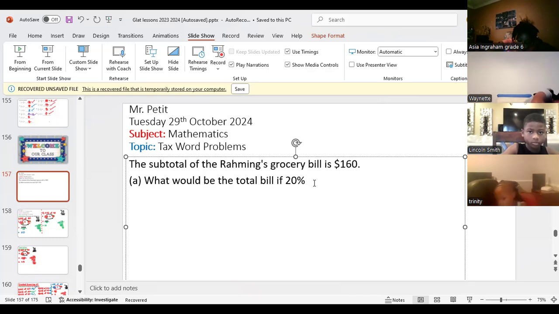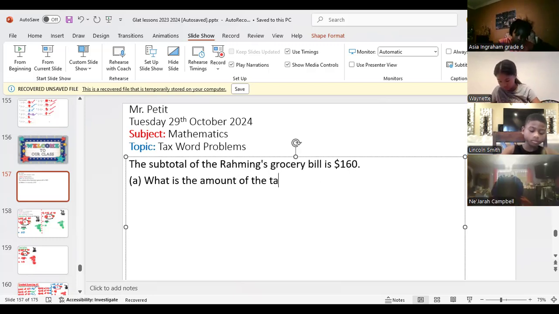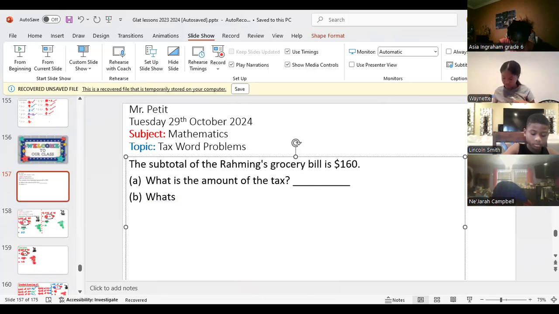So let's not do the total bill. Let's say, what is the amount of the tax? That's the first question. A 20% tax is added to the bill.